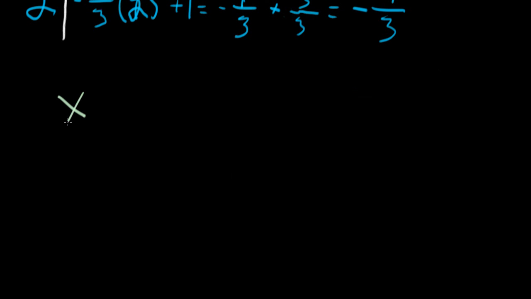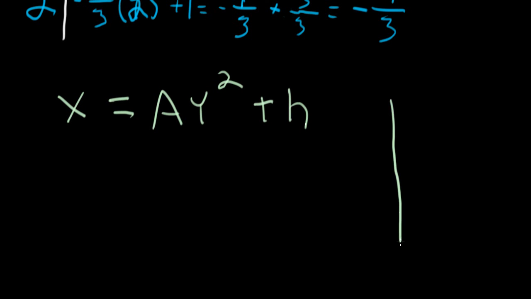And the next thing that you would look at is almost exactly the same. However, it's x equals a y squared. And maybe plus h. Which, to be honest, all that's going to be is that.